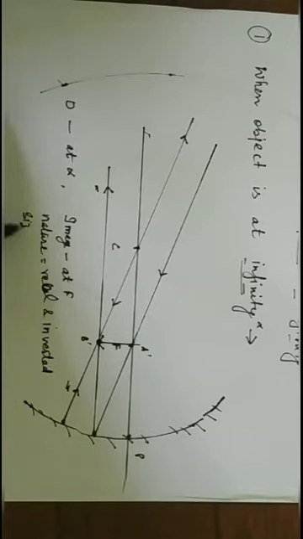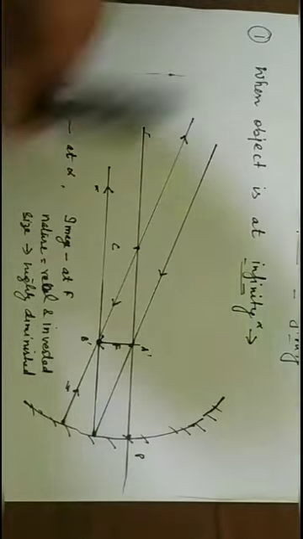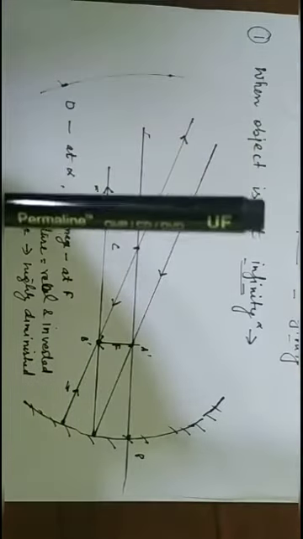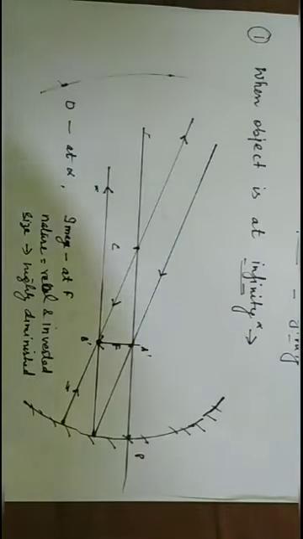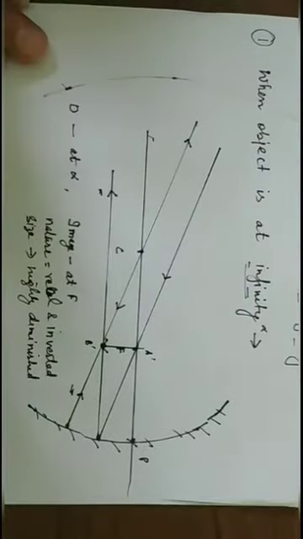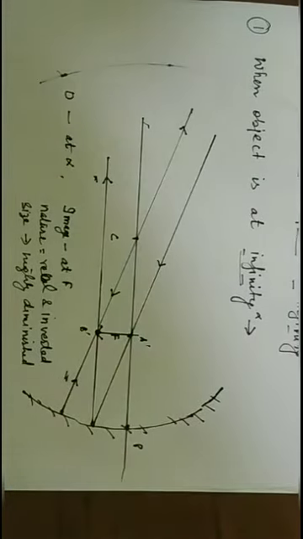What is its size? Size is highly diminished. When this object is very far away, it is of more than this size, and the image is this much small, so it is highly diminished. So this is when your object is at infinity.